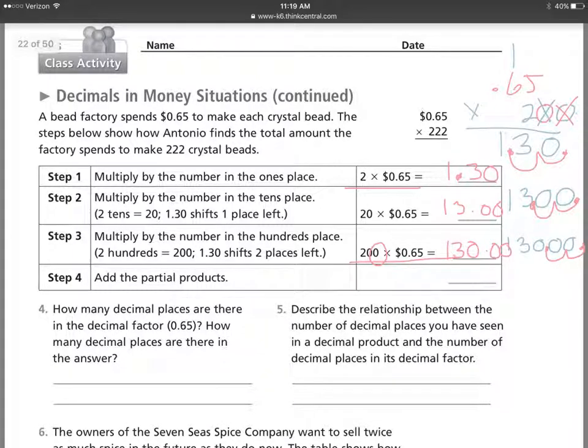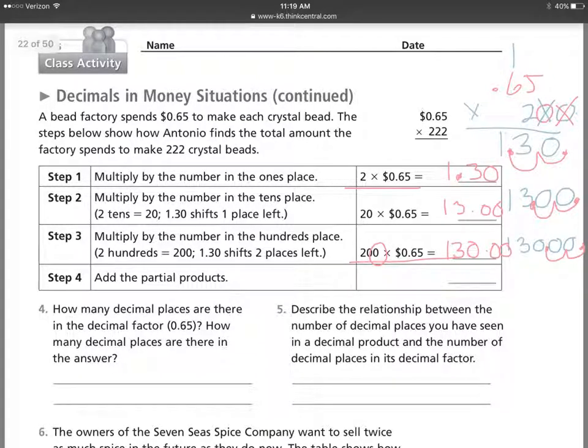And now you can add up all of your partial products and reveal the true answer to how much 222 beads times 65 cents really is. Now this is the longer way of doing it in 3 steps.